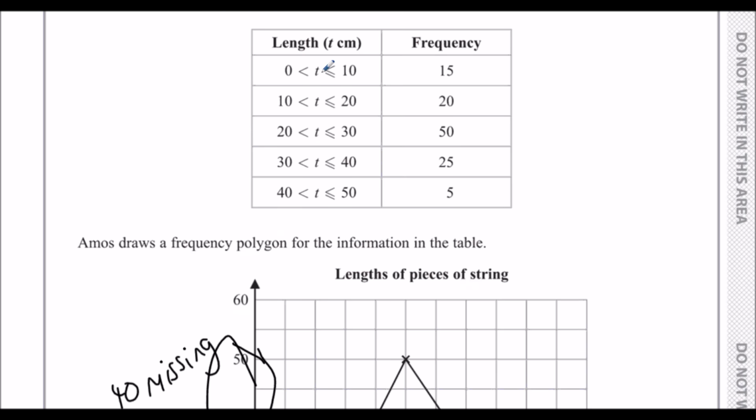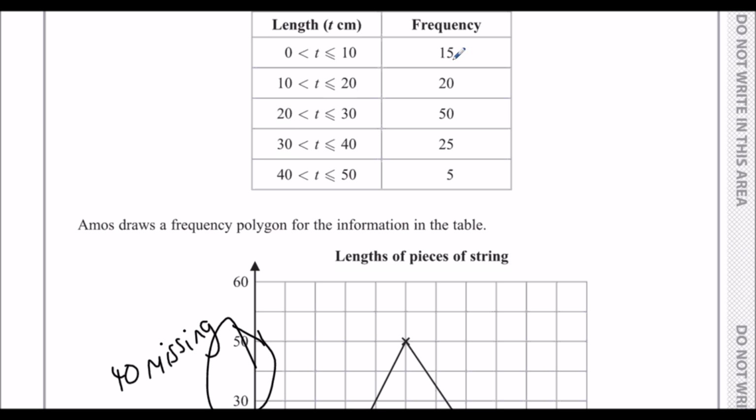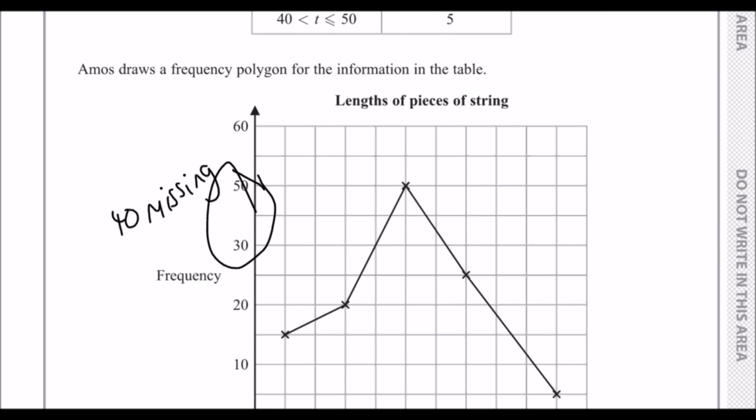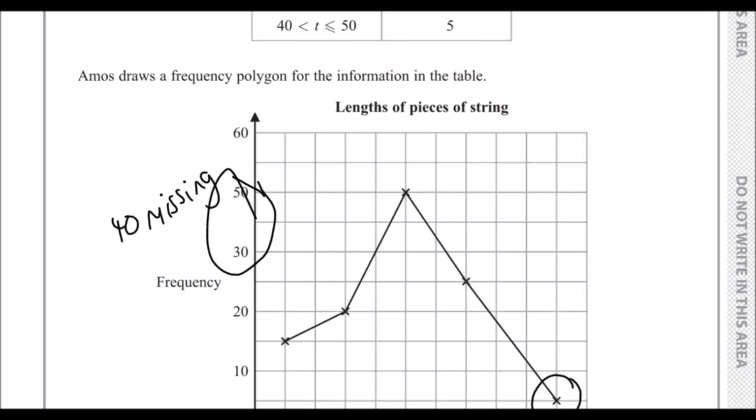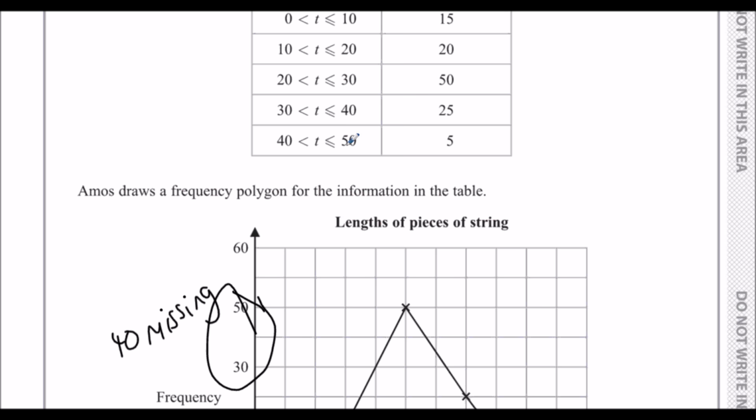And then it's a frequency polygon. So we should be plotting the midpoint against the frequency. So it should be 5, 15, 25, 35, and 45. So the points have been plotted at the midpoint apart from the last one. So the last one should be at 45. That's the midpoint, 45, not 50.